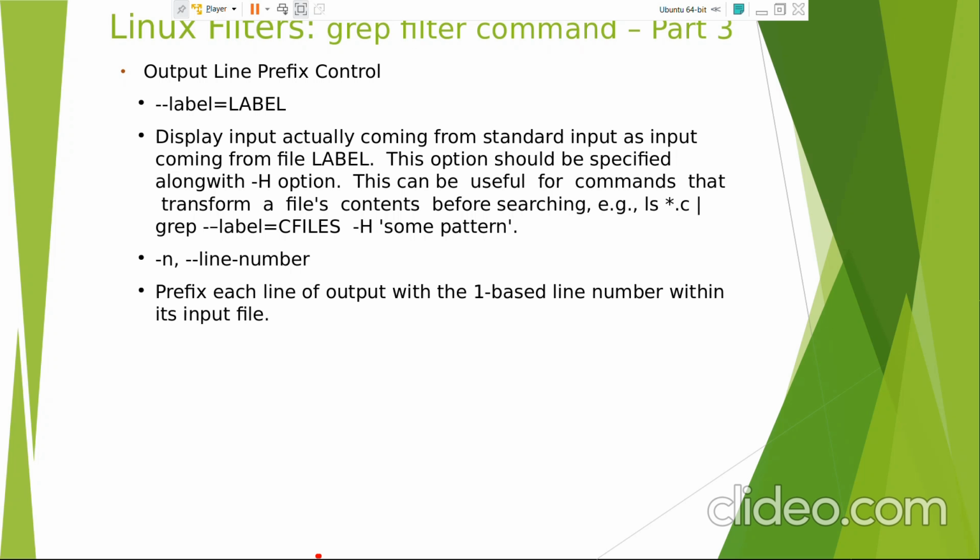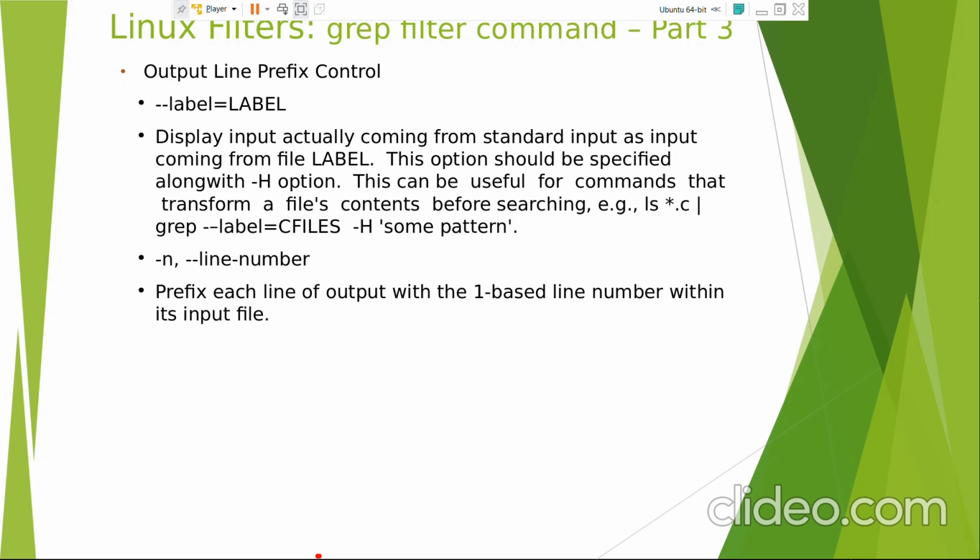Next, the hyphen n option. What is the purpose of the hyphen n option? Grep would output a set of lines that contain the matching pattern, right? That we know. Let us suppose that it outputs the 13th line, then the 20th line, 50th line, 73rd line, 89th line, like that.